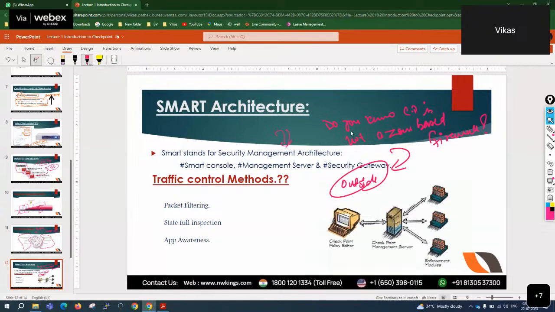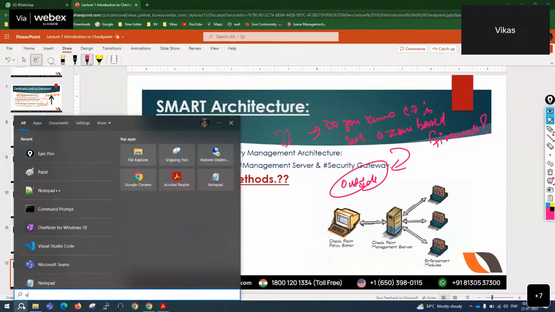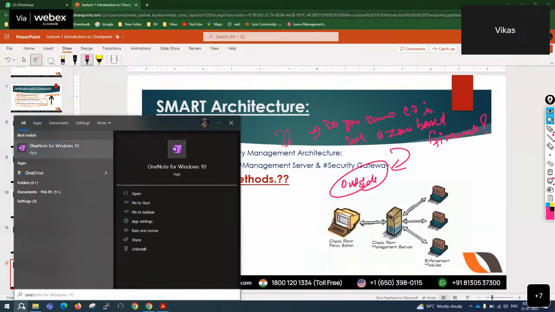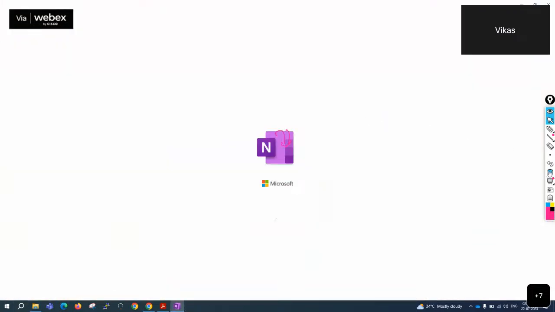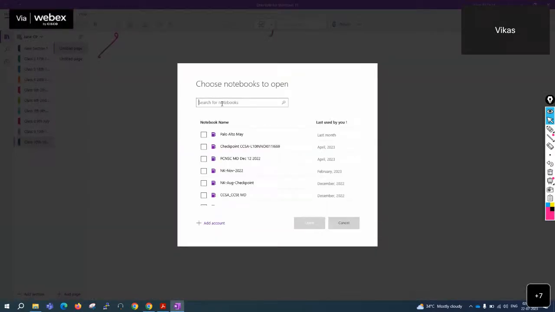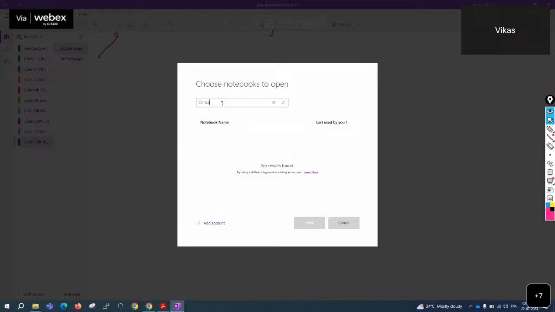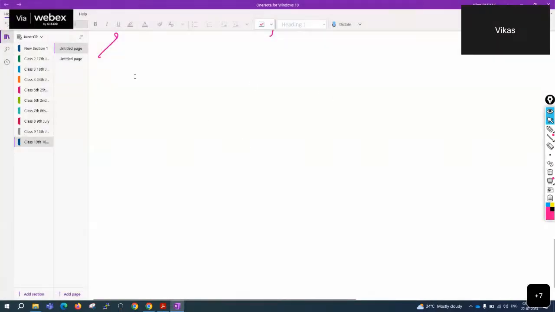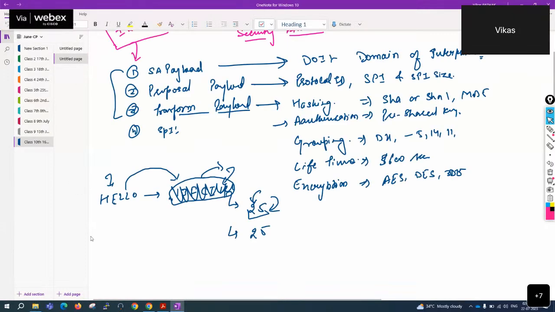Now, the question is, why is Check Point not a zone-based firewall? To answer this, let me take you to OneNote. Okay, let me use this page.